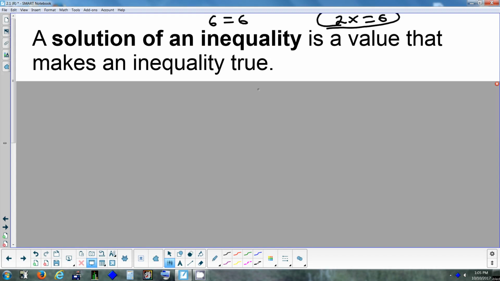So we had something like 2 times what is less than 6? There's a lot of things. 2 times 1 is less than 6. 2 times 0. 2 times negative 5. 2 times 0.7. The difference with an inequality is you're going to get a lot of numbers that are solutions, whereas with an equation, usually you get exactly 1.